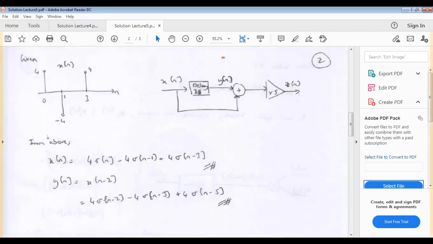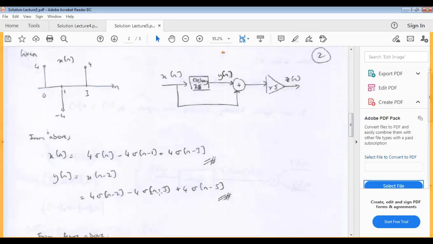We're going to have 4 delta[n-2] minus 4 delta[n-3] plus 4 delta[n-5]. So we are delaying the x[n] function by 2 units or 2 seconds. That should be x[n] and y[n]. Any questions on this? No? Okay, so let's proceed further.